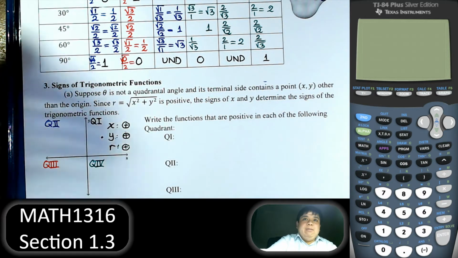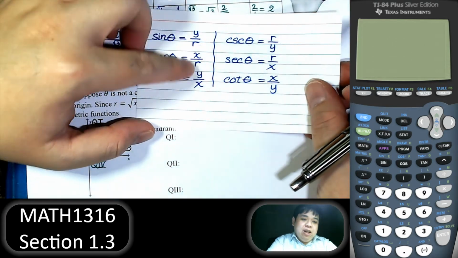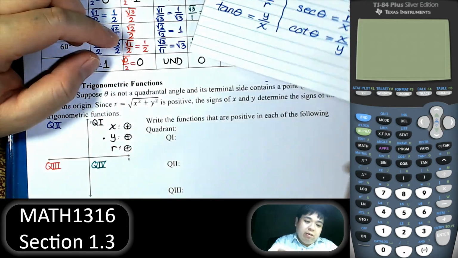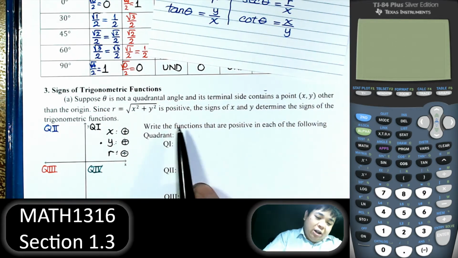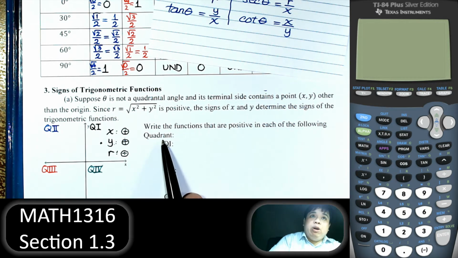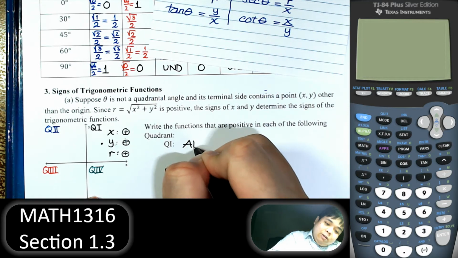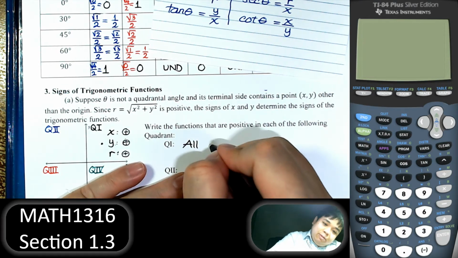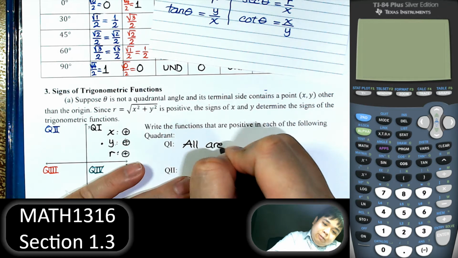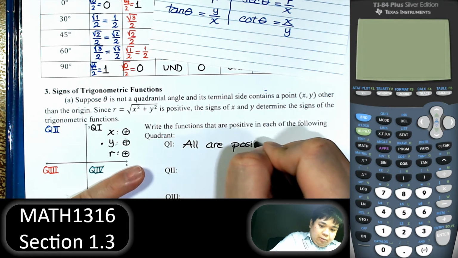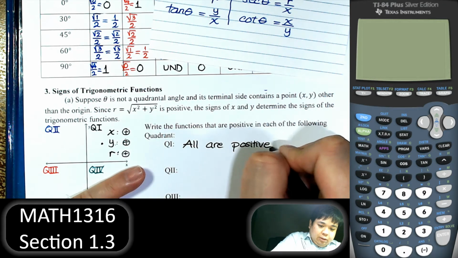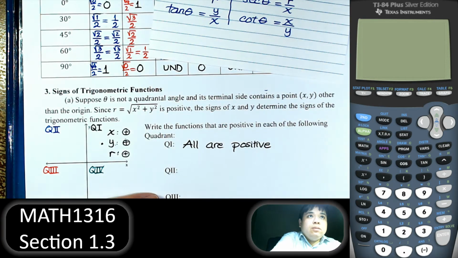Now, if all of them are positive, by the definition, all of the functions will be positive, right? Write the functions that are positive in each of the following quadrants. All of them are positive because x, y, and r are positive.